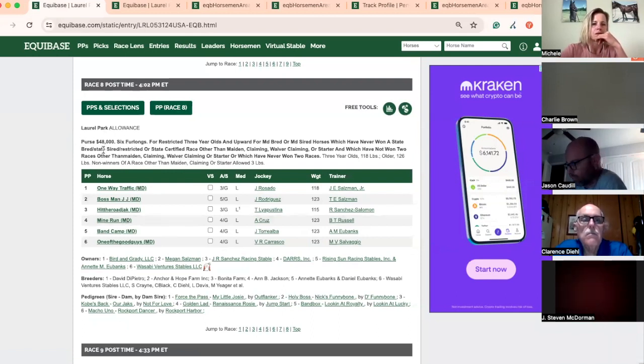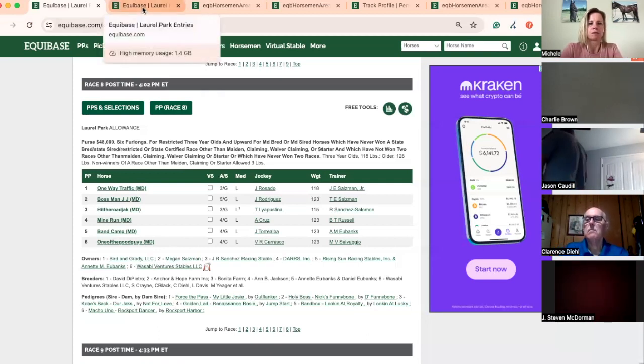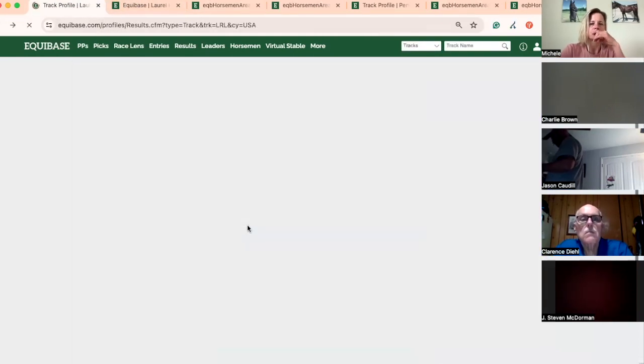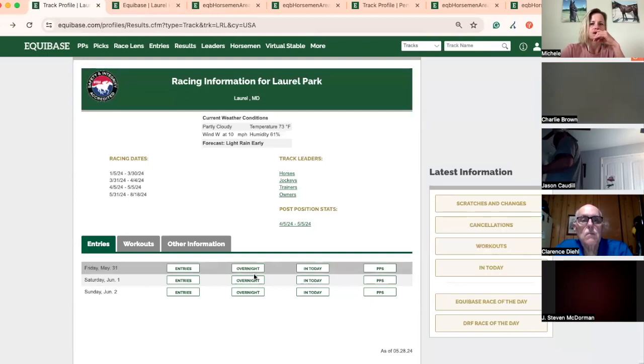An allowance race, restricted for Maryland bred or sired, but it's only going 6 furlongs. Remember, we looked at the condition book. There's no such race in the condition book because there's this thing called an overnight, which we'll hit the back button for.